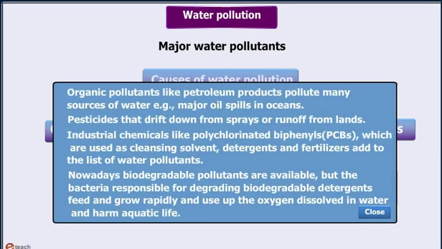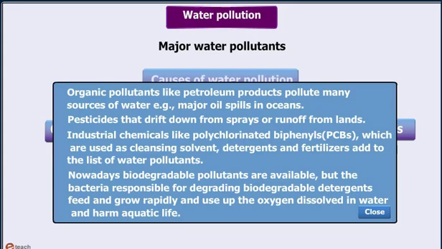Organic pollutants like petroleum products pollute many sources of water. Example: major oil spills in oceans. Pesticides drift down from sprays or run off from lands. Industrial chemicals like polychlorinated biphenyls, that is PCBs, which are used as cleansing solvents, detergents, and fertilizers, add to the list of water pollutants.